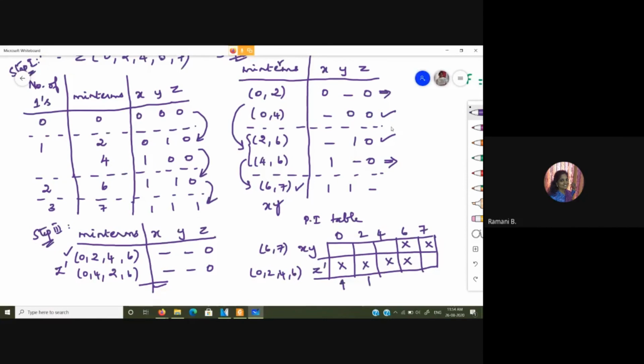So we have a single cross in all these columns. These all correspond to this particular variable and this one corresponds to this particular variable. So our expression for f is xy plus z bar, and all the minterms are covered. 6 7 is covered over here, 0 2 4 6 is also covered over here. This is the simple logic you need to understand.